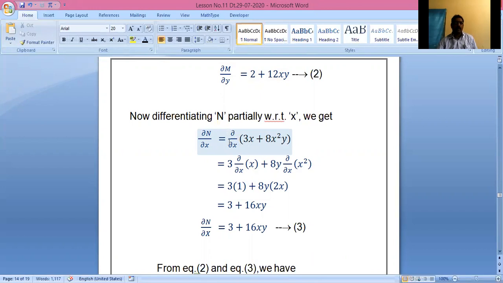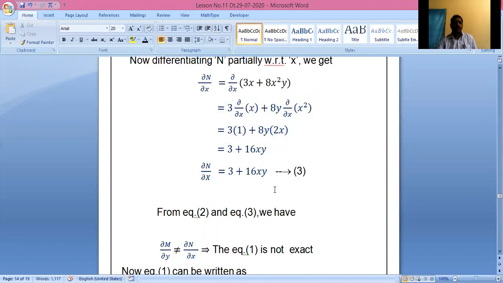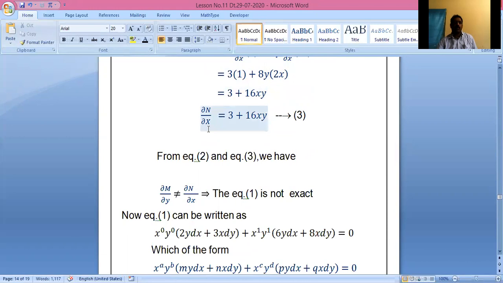Here, differentiating partially with respect to x, treating y as constant, we have 3 ∂/∂x of x plus, in the second term, 8y is constant, so it can be written as 8y ∂/∂x of x². That is 3 into ∂/∂x of x, which is 1, plus 8y into ∂/∂x of x², which is 2x. That is equal to 3 + 16xy. Therefore, ∂N/∂x = 3 + 16xy. Let this be equation 3.